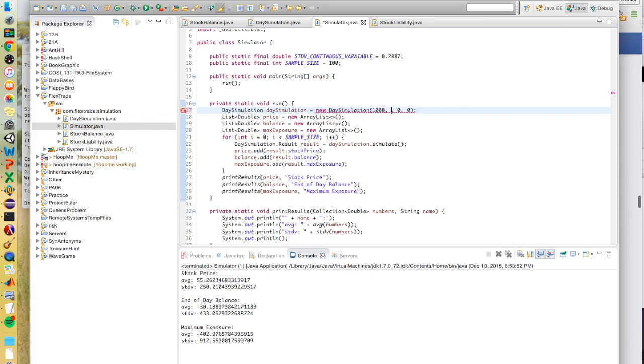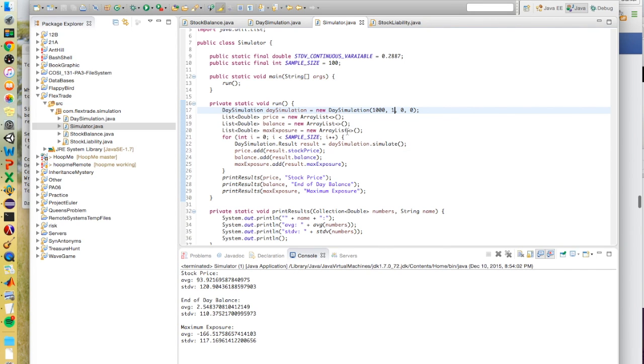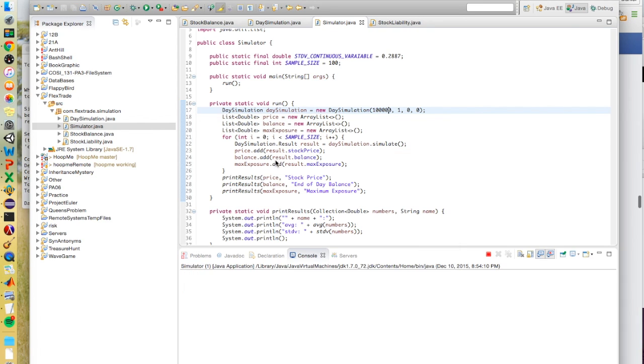So assuming that no stock ever has a volatility greater than 1, and assuming we're processing 1,000 up to a million trades, this might take a little. Oh, it didn't take too long.